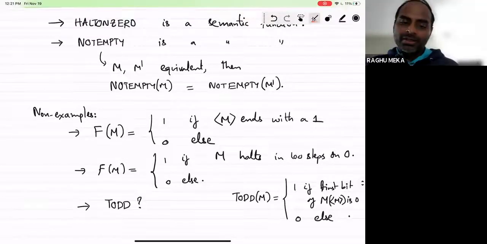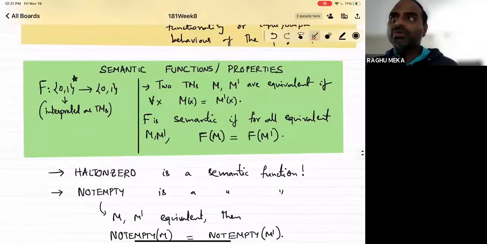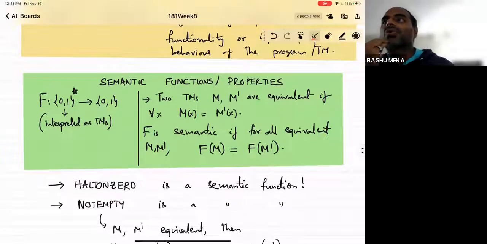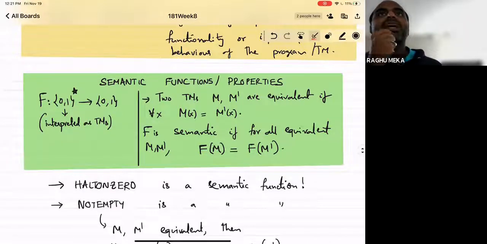So hold on. There's a question: can you give a high-level explanation of what semantic means? Semantic means I'm giving you programs as input, and I'm trying to check whether the program satisfies some property. The opposite of semantic is syntactic.